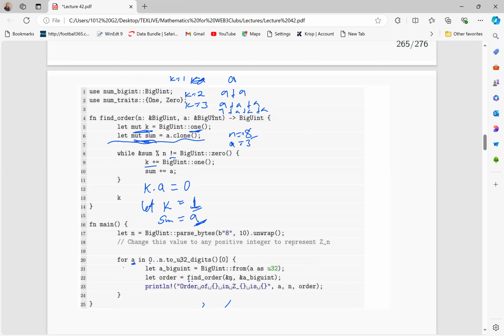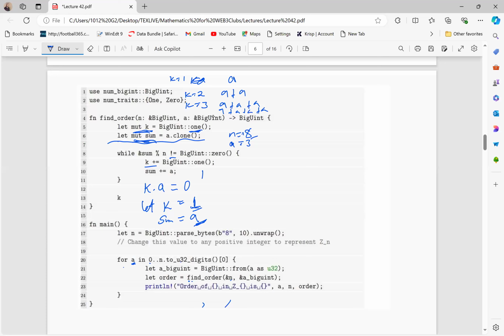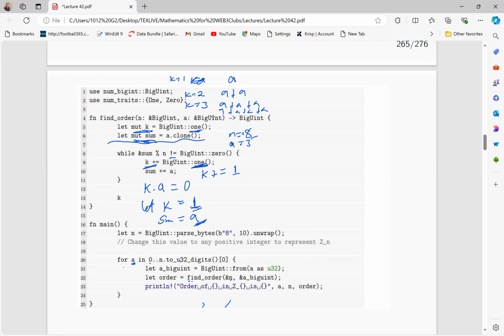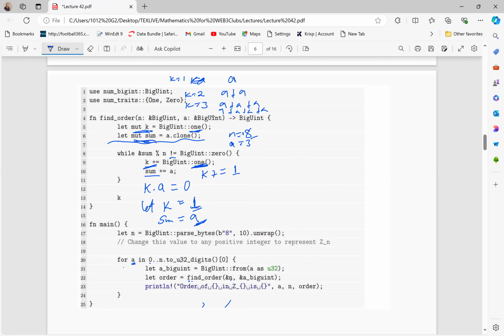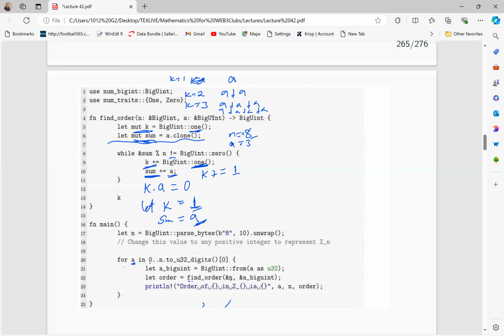It has written, increment k by 1. So k becomes 2. What about the sum? The new sum now becomes the old sum plus A.